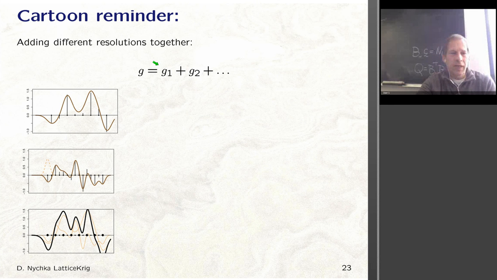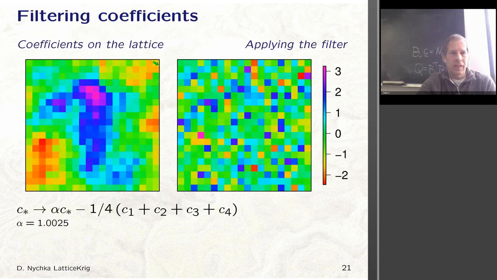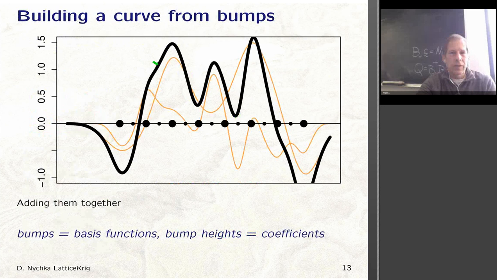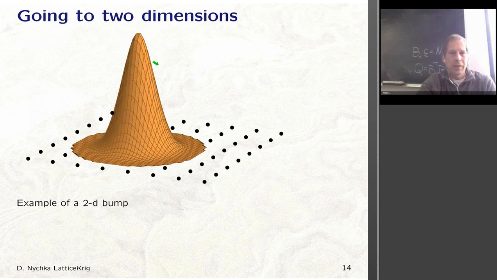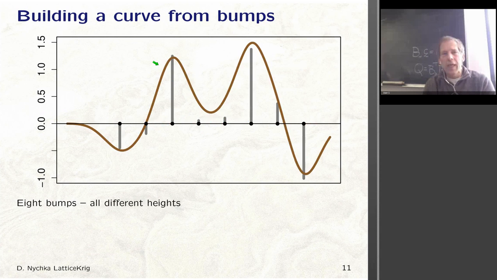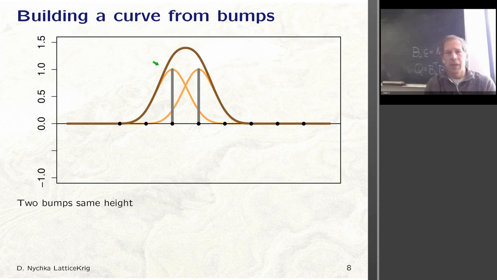Let me find one of these guys. So here's my little bump. If these were wavelets, when I translate the bumps, they would have orthogonality properties. Wavelets are compactly supported, just like these bumps. The reason I don't want to use wavelets is that they don't really buy me a lot more.